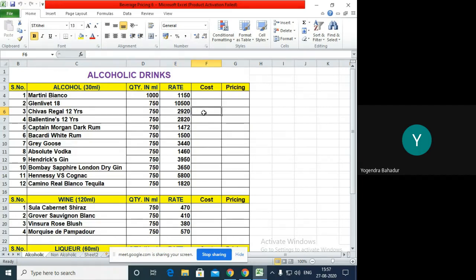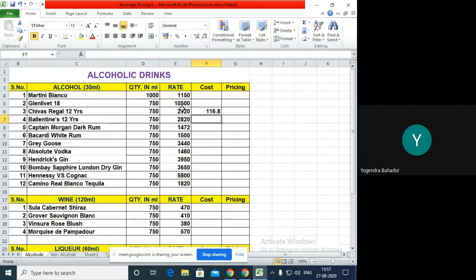For that, I am choosing this particular cell, and here first of all we'll have to use this formula by using the equal to sign: 2920 divided by 750 into 30.